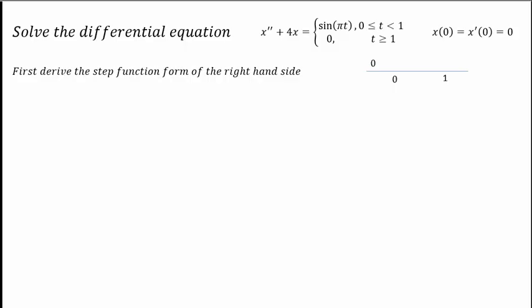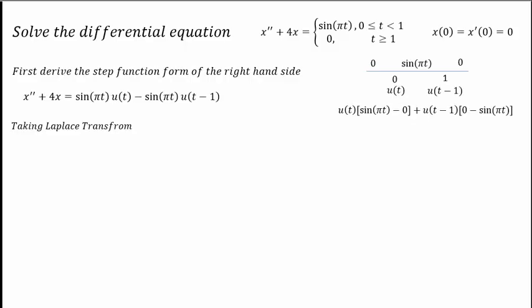Next we want to solve a differential equation. As you see here, a step function is needed. So we'll be deriving the step function as you can see here. Okay, and then taking the Laplace transform, you know that the second derivative will give me s squared X(s) minus s times x(0), and then x prime(0), and then 4x becomes 4X(s).